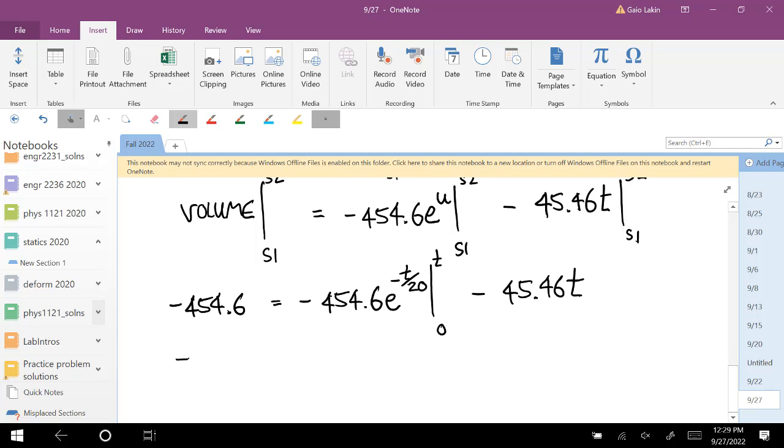And I think maybe this is the problem here, that I wasn't taking into account subtracting the 0, so you have negative 454.6 is equal to negative 454.6 e to the negative t over 20 minus this thing evaluated at time equals 0.